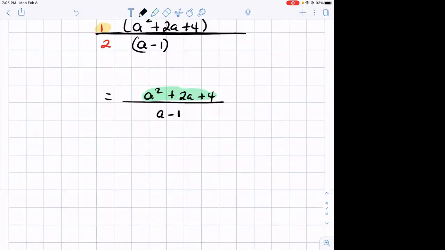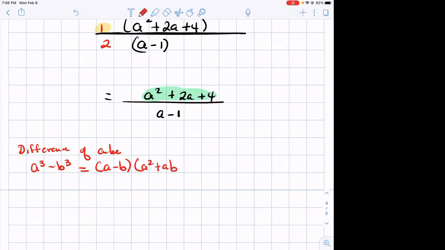If you look back at your notes, the difference of cube states that a cubed minus b cubed, by factoring, is a minus b times a squared plus ab plus b squared.